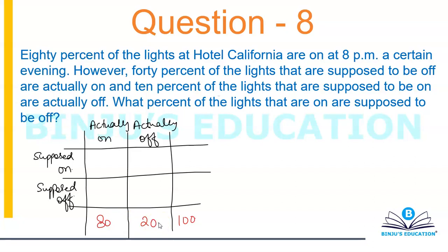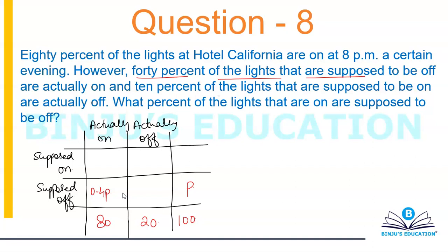40% of the lights that are supposed to be off are actually on. So if I take supposed to be off as P, 40% of the lights that are supposed to be off are actually on. So this here will become 0.4 P. P is the actual number of lights which are supposed to be off.